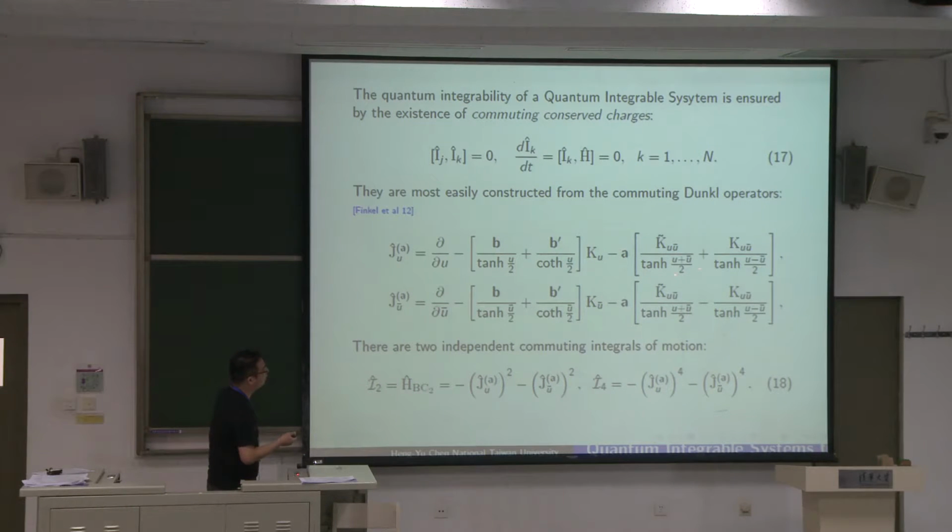Despite the fact you can see they involve both u and u bar coordinates, and they involve first order derivatives, thanks to the presence of those reflection and permutation operators, you can easily show that they commute with each other. And from those, you can easily construct the commuting integrals of motion. In this case there should be two, since there are 2 degrees of freedom. One of them, of course, is the Hamiltonian, and the other is what I call the I4 here.